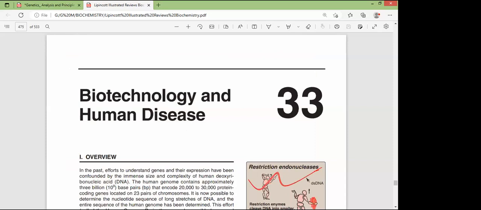Ni mingi. Like zinaitwaje? Hizi okay, sijui the most common, lakini tuseme hizi kina nini zinaitwaje? Okay. Monoclonal. Oh, antibodies. Antibodies.